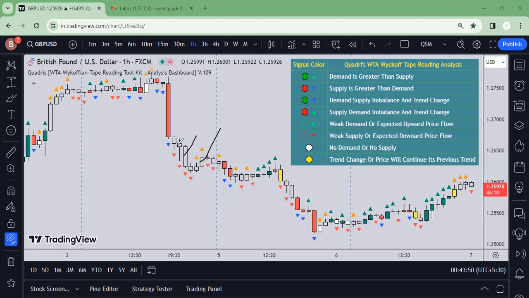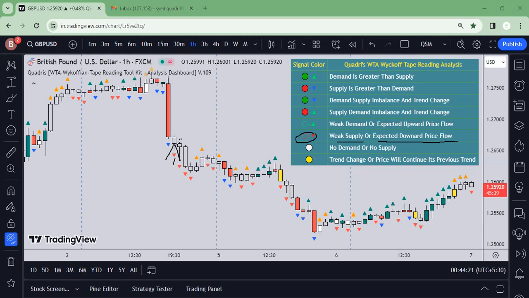Like, for example, one second, let me delete this one. If this is a hollow candle and there is a red triangle printing below the candle, this suggests weak supply. Either it could be a weak supply kind of thing, or we are expected to see downward price flow.